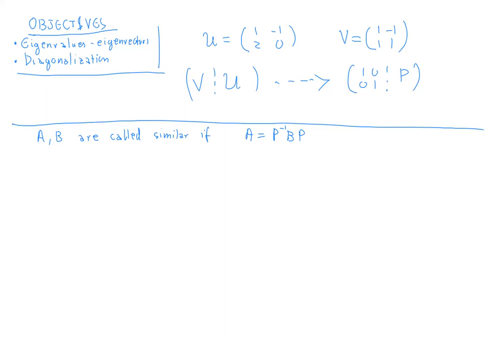That's why it makes sense to say that similar matrices are essentially identical objects. Of course, in the sense that we just explained, they don't consist of the same numbers.